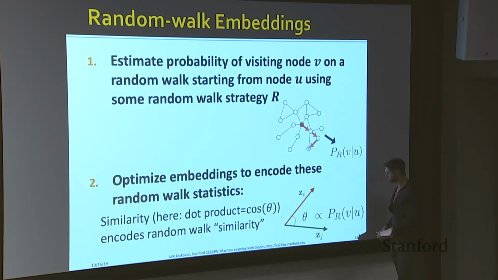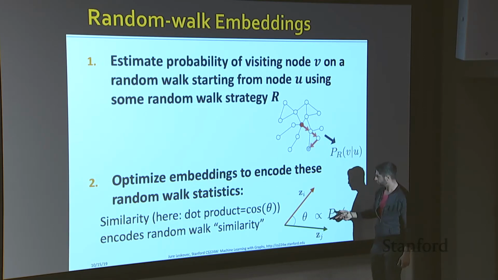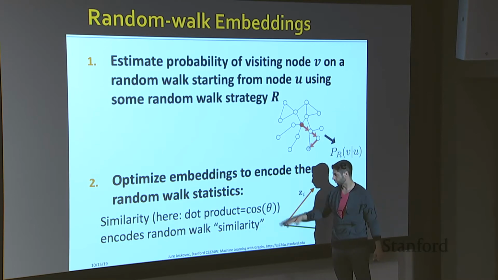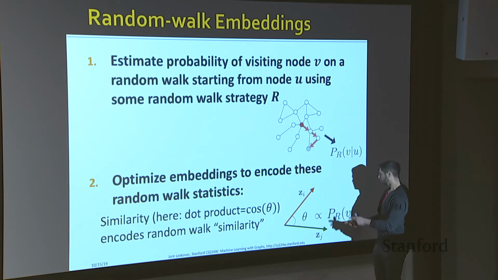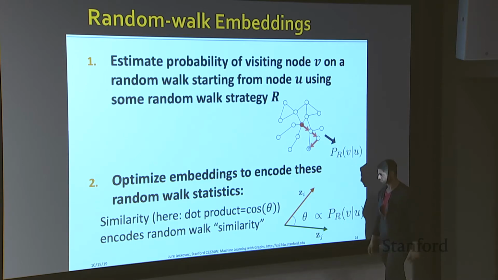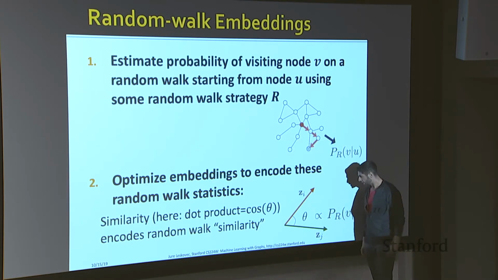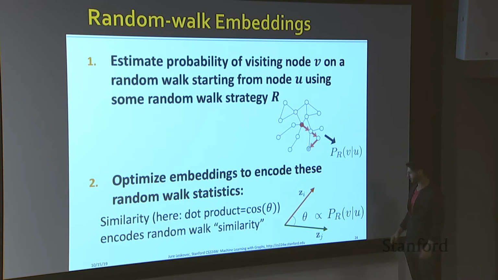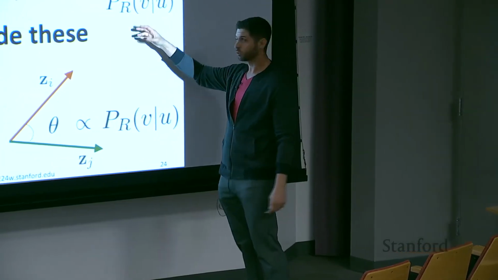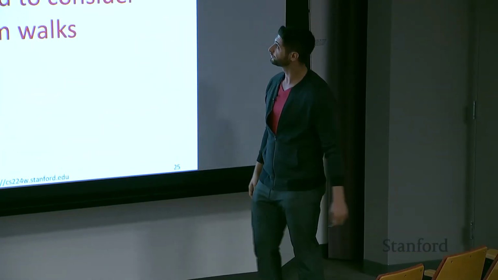So if they co-occur in the same random walk, then, for instance, the dot product, or the cosine of the angle of the two vectors representing those nodes, has to be as close as possible to 1. This is the idea of how we go from the general shallow embedding framework that we talked about at the beginning to actually implementing it with random walks.